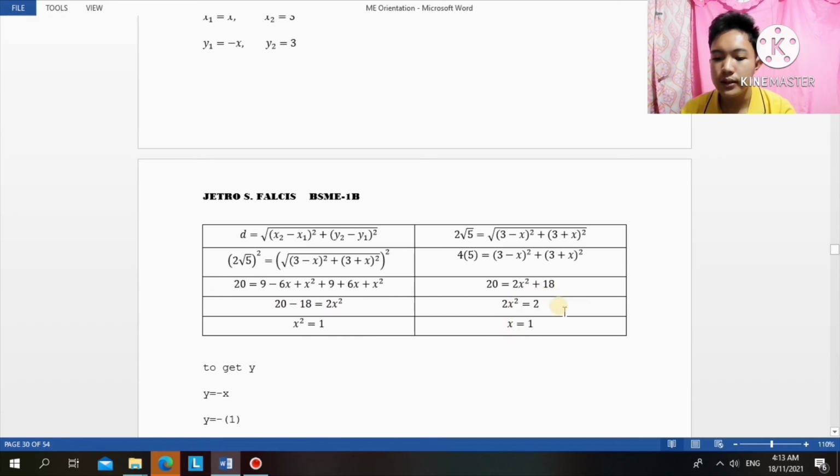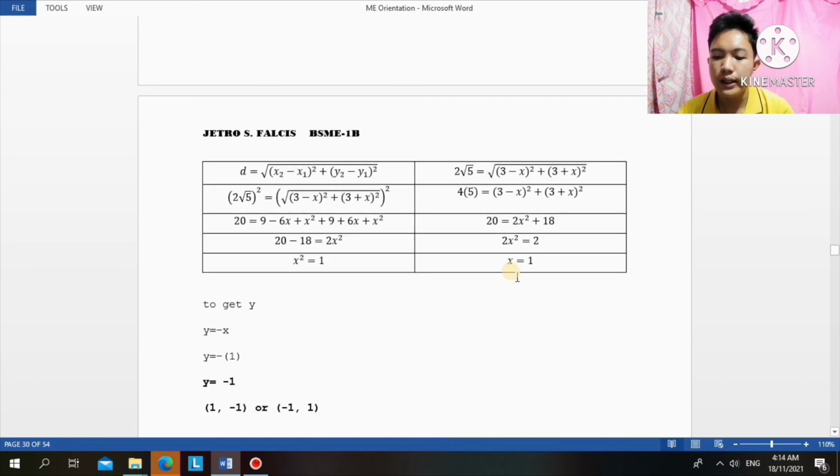To get the value of x, divide both sides by 2. It will become x squared is equal to 1. Then get the square root: the square root of x squared will become x, and the square root of 1 is equal to 1. So our x is equal to 1.